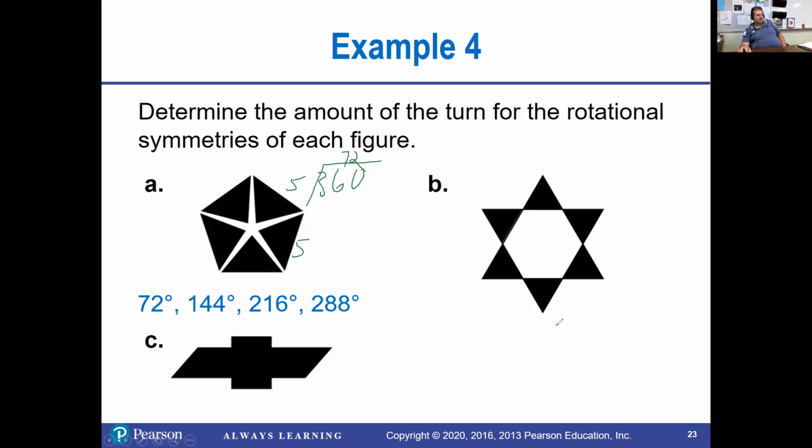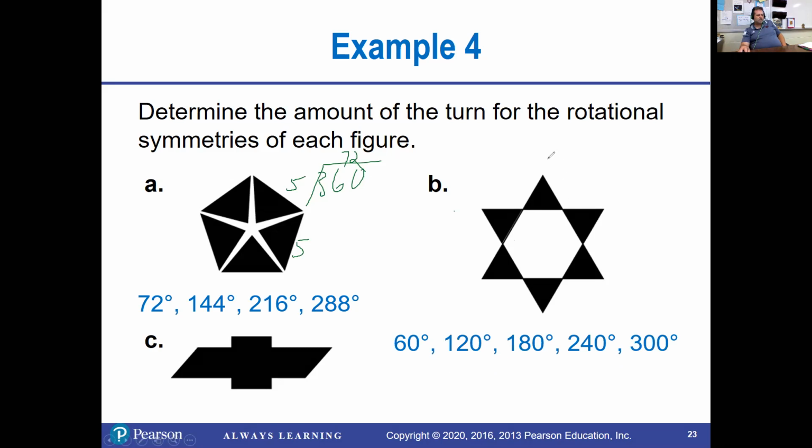So here, how many times is this turn? So there's 1, 2, 3, 4, 5, 6, 7, 8, 9, 10. I think it's 12. Nope, less than that. I recount it. Let's go here. Let's draw that again. Losing my focus here.